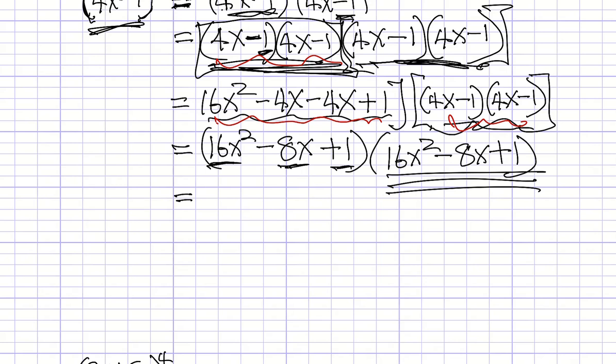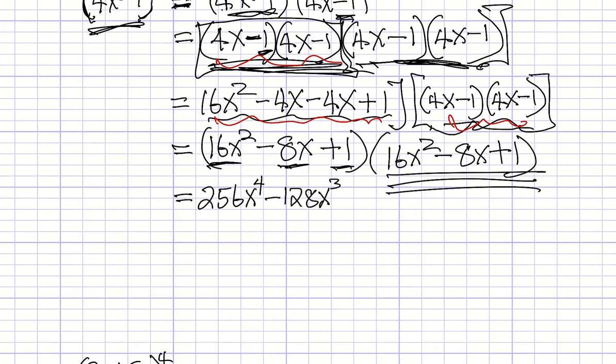So we do 16x squared times 16x squared. We get 256x to the power 4. And then we'll take 16x squared and multiply by negative 8x. You see that, right? Make sure you're seeing that, man. So don't forget that it will be negative 128x raised to the power 3.